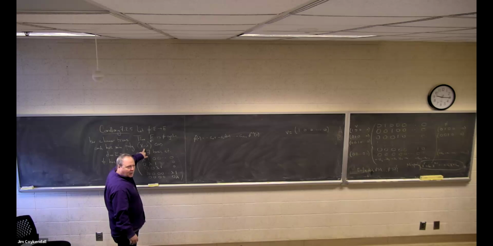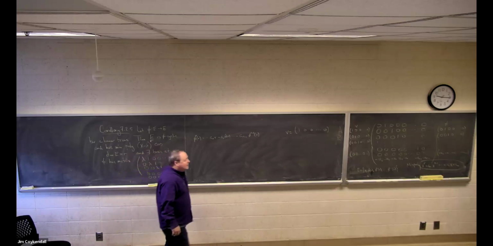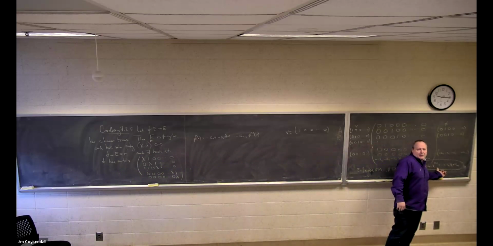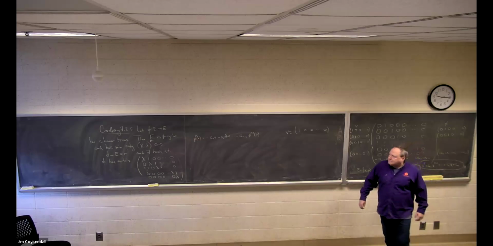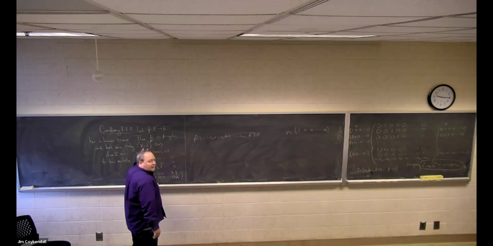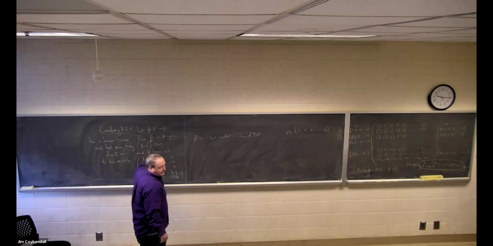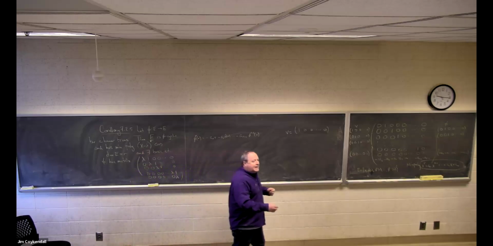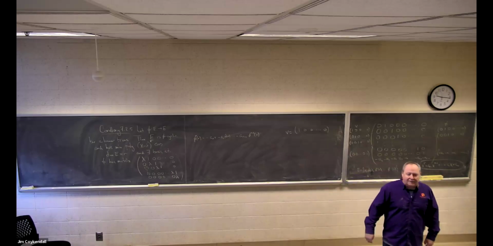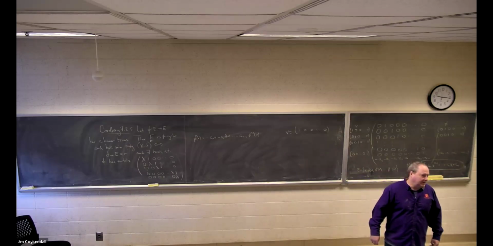I'm not going to be able to always factor a polynomial. This requires me to factor a polynomial into a product of powers of irreducible linear polynomials. So to be able to use the Jordan form in general, I have to be over an algebraically closed field.